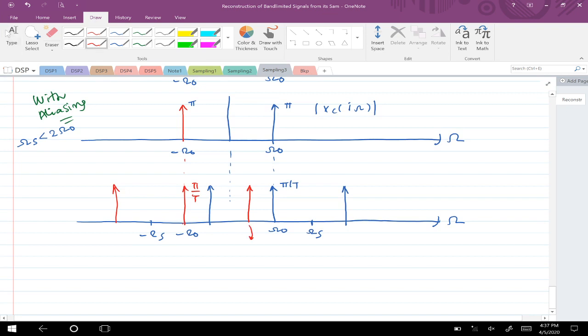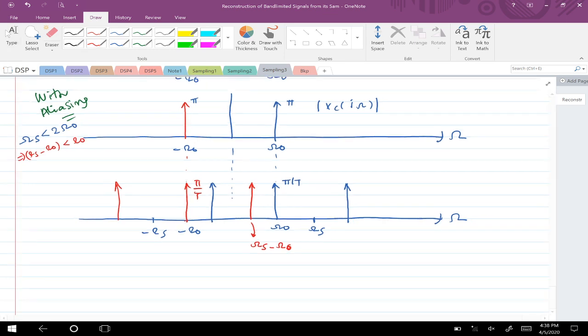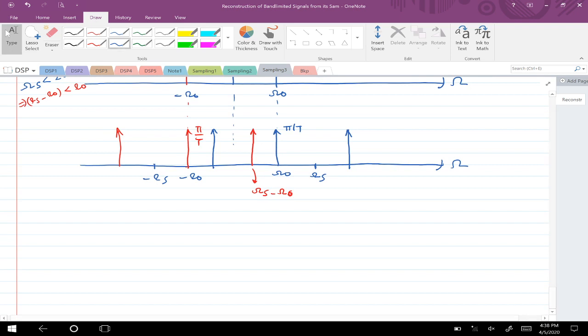And what is this, by the way? This is equal to omega s minus omega naught. Obviously here you could see omega s minus omega naught will be less than omega naught, so that's why this has come on that side. Now let's come to the filter part.